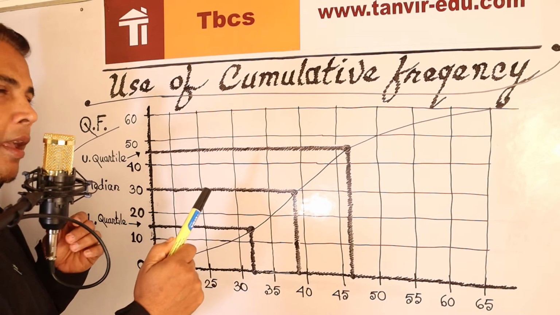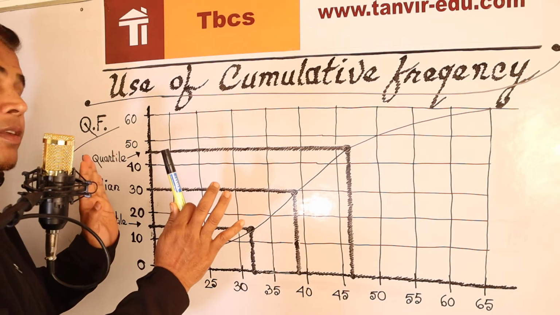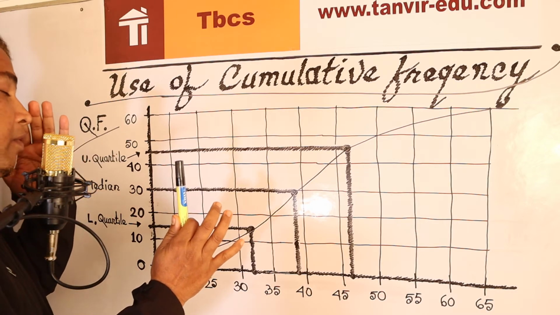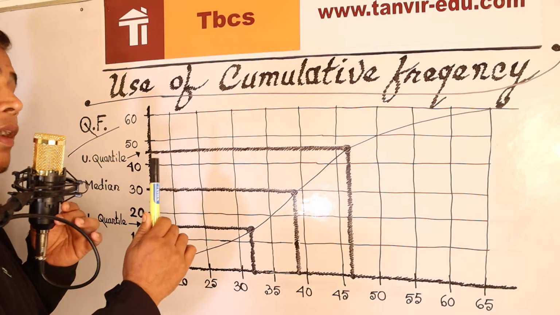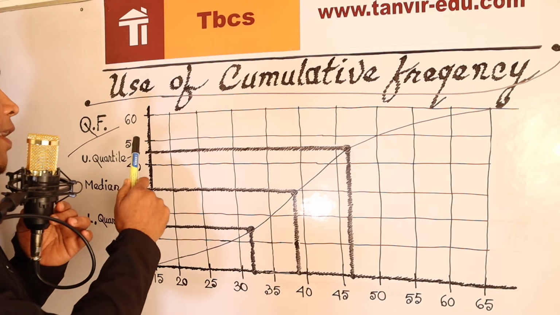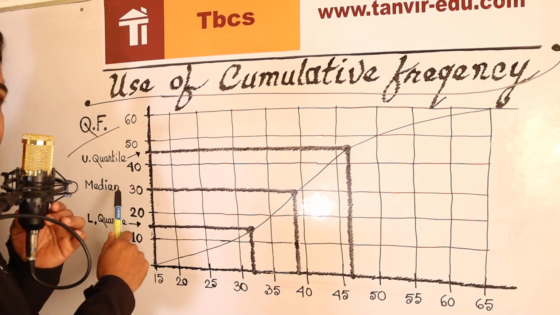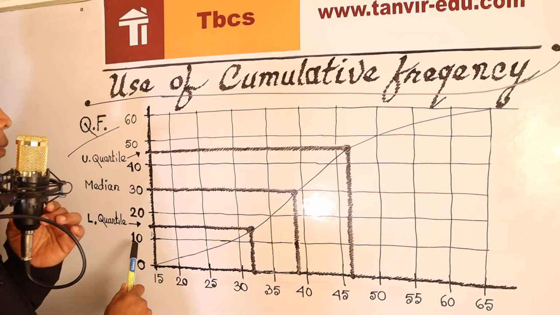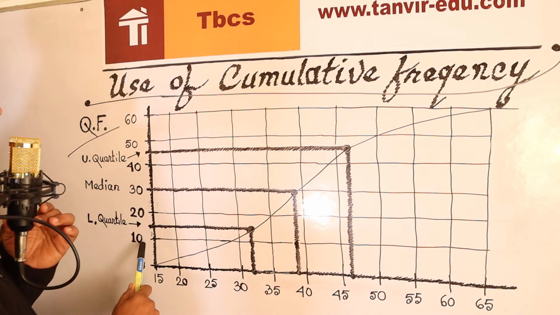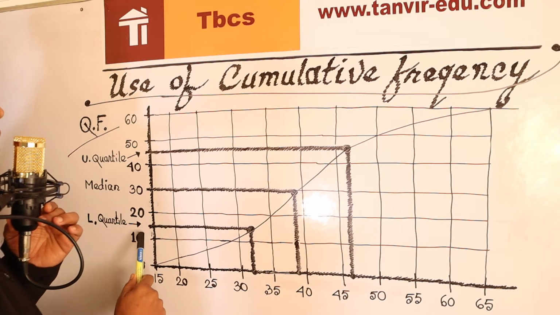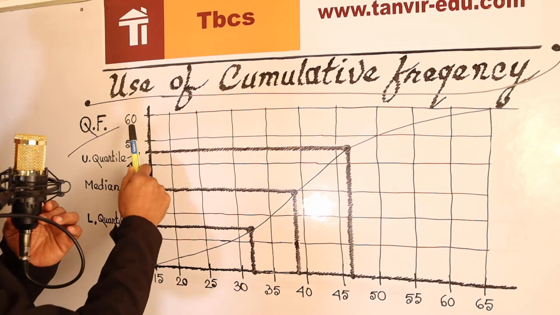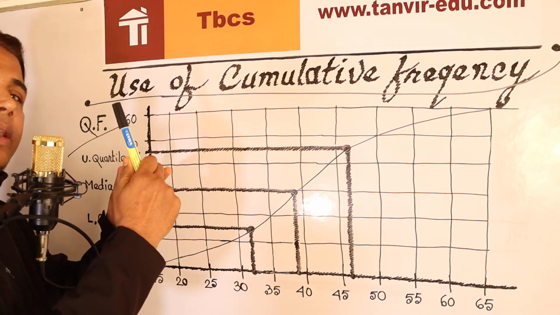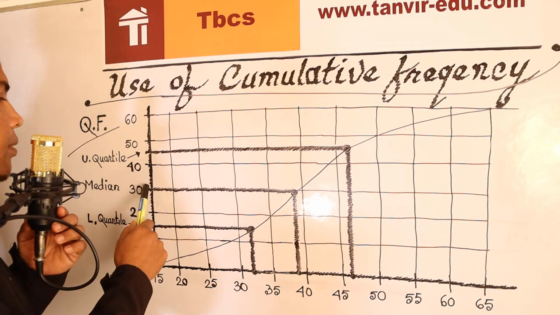Over this graph, if the question is to find the median, median means middle, right? Here the total cumulative frequency is 0 to 60, so the middle is 30.